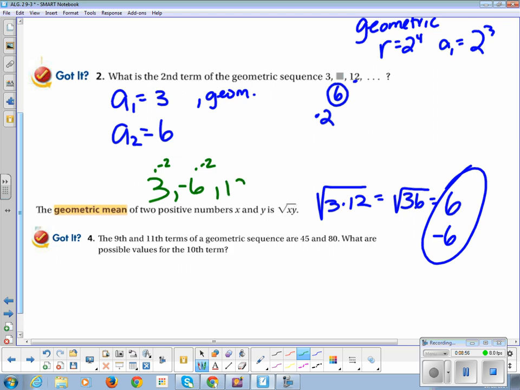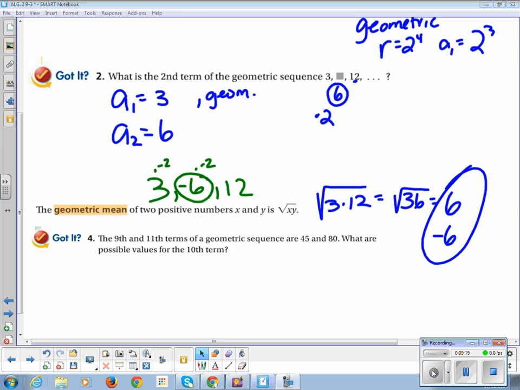Positive 12. So when you're using geometric mean, you have to list both possible answers. Could be positive, could be negative, because multiplying by a negative in a geometric sequence, you're going to get every other one is negative. So we can't discount that option.